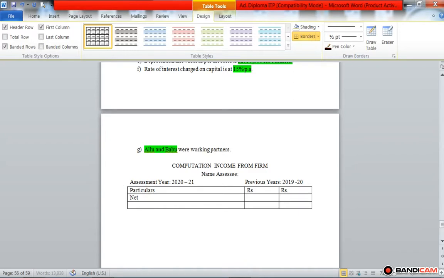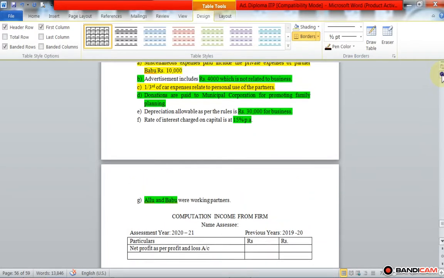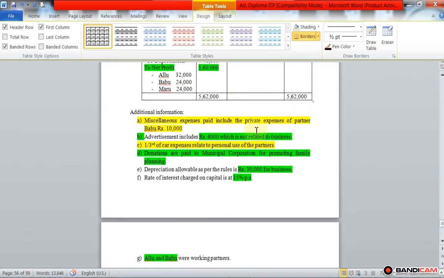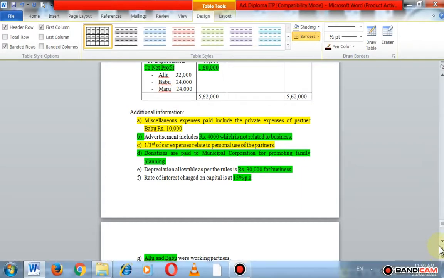Here net profit as per profit and loss account. So net profit as per profit and loss account is given in the profit and loss account. So 1,60,000 is the net profit of the firm.